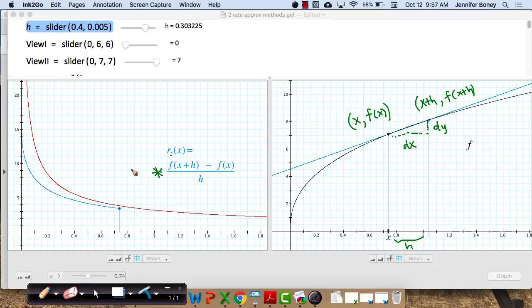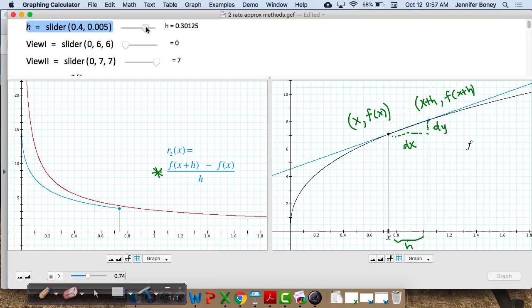And if I make h small, as opposed to h being 0.3, you can see that this mysterious theoretical existence of the red curve, the exact rate function, I'm getting closer and closer to that just by making h seemingly small. And this is just 5 thousandths. I could make it 0.0000000005, and it'd be better than that. But visually speaking, it would look essentially the same.